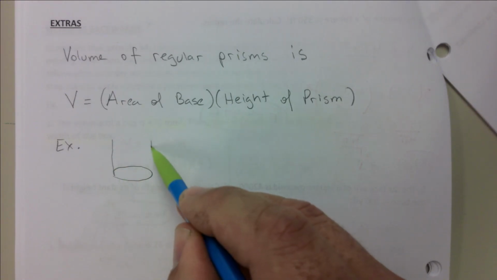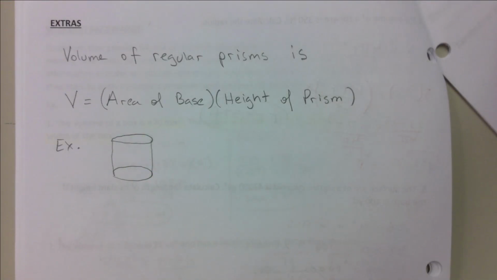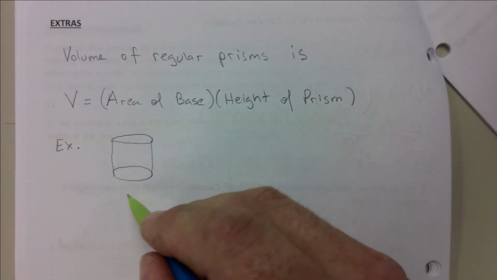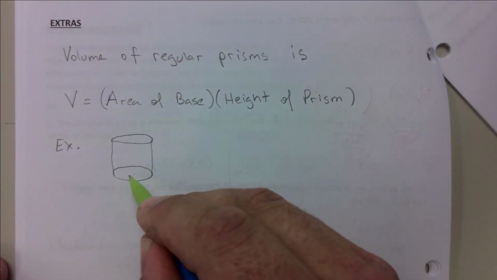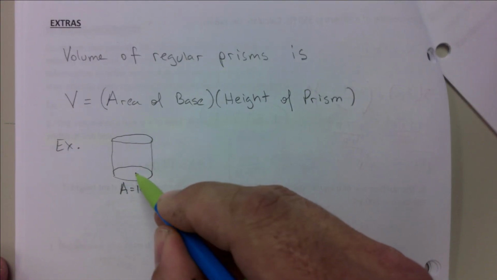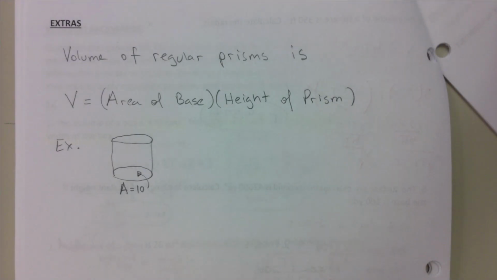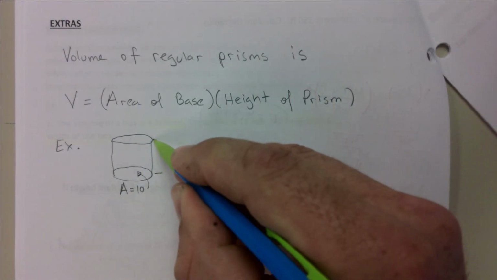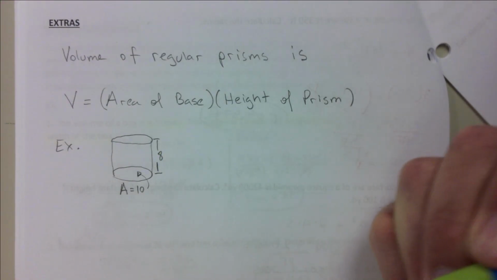So, for example, a cylinder, right? If you had a cylinder, I'm not artistic, so don't judge, okay? If the area of this base, so let's say the area would be 10, right here. The area of this surface is 10. It would be squared units, correct? And you know that the height of this entire prism is 8.